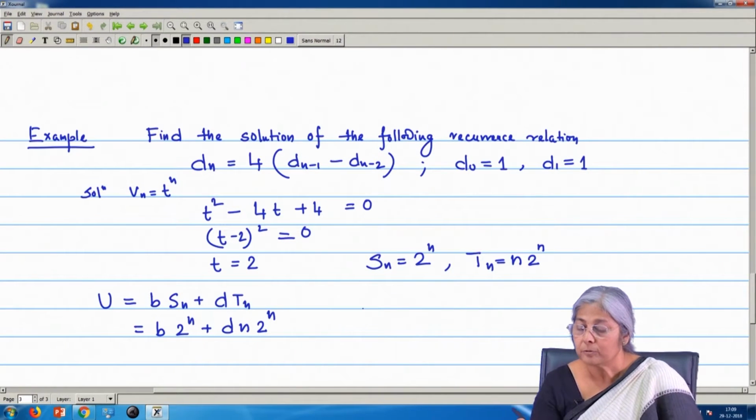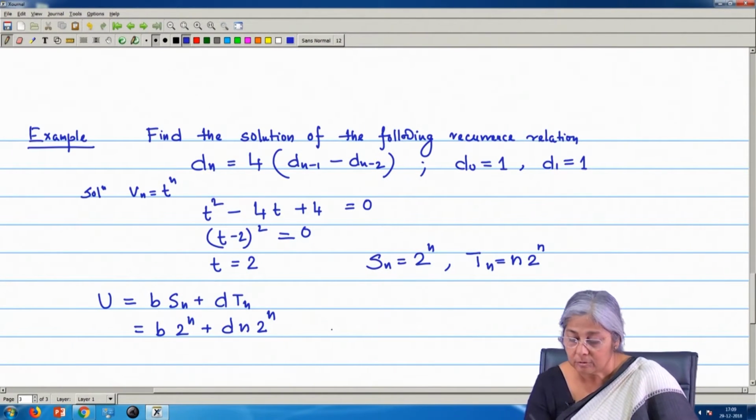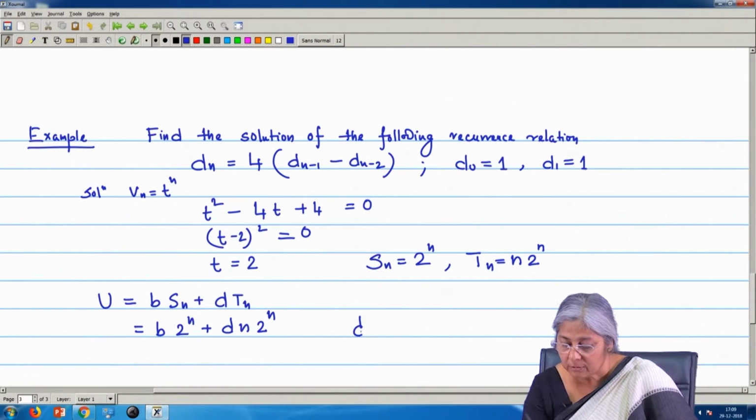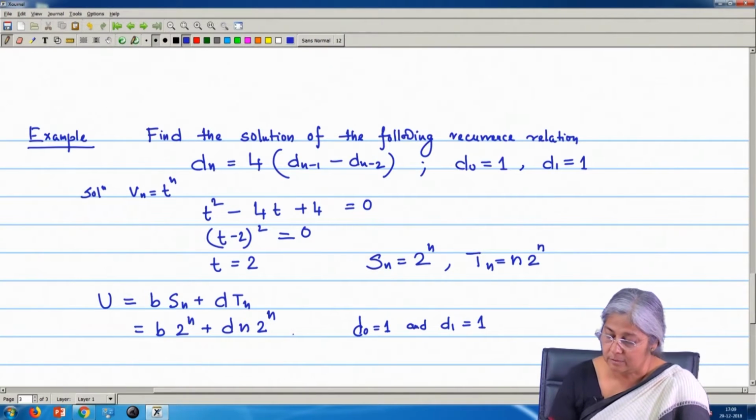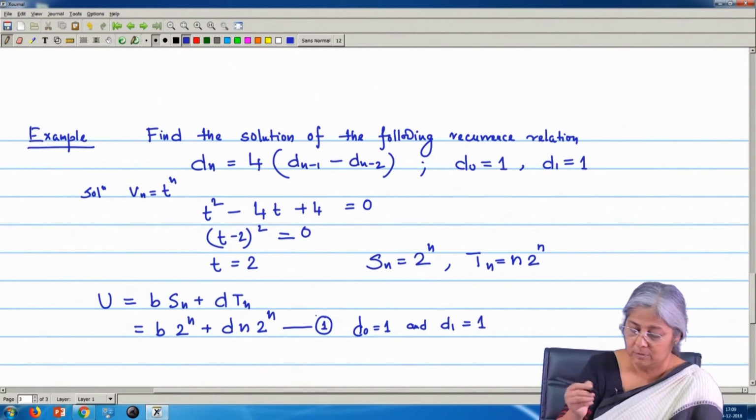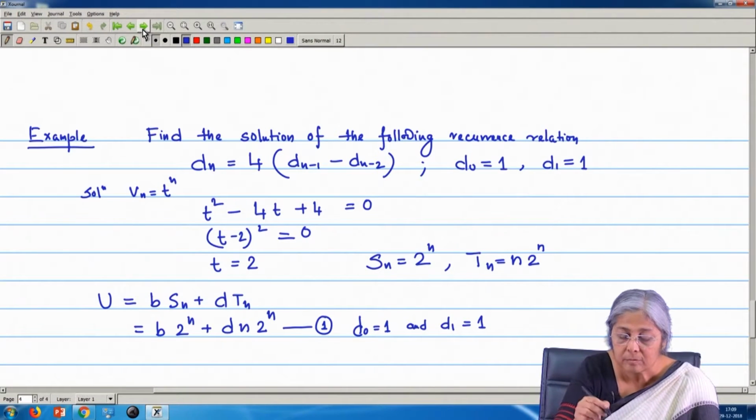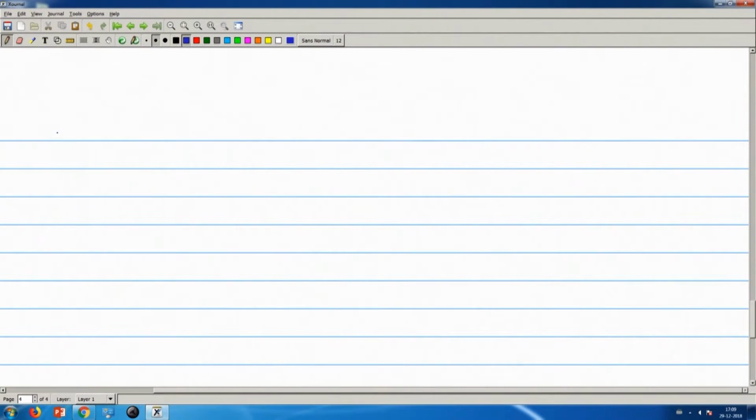Now, we put the initial conditions d 0 equal to 1 and d 1 equal to 1 in equation 1.